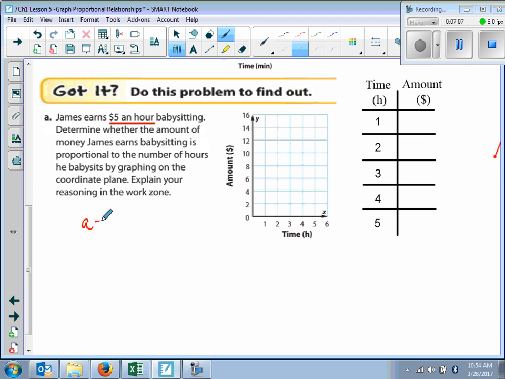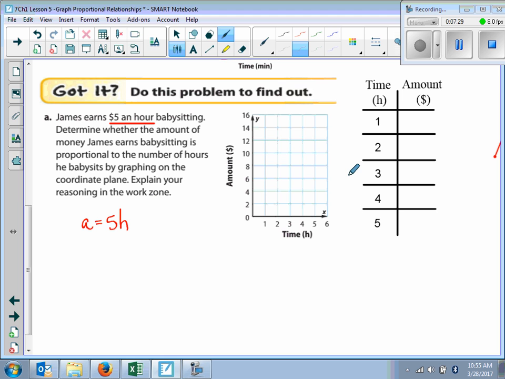We're going to multiply $5 times how many hours, right? So we're going to multiply 5 times H to get the amount that he earns. Is everybody with me? And that's our equation that we take from our situation.